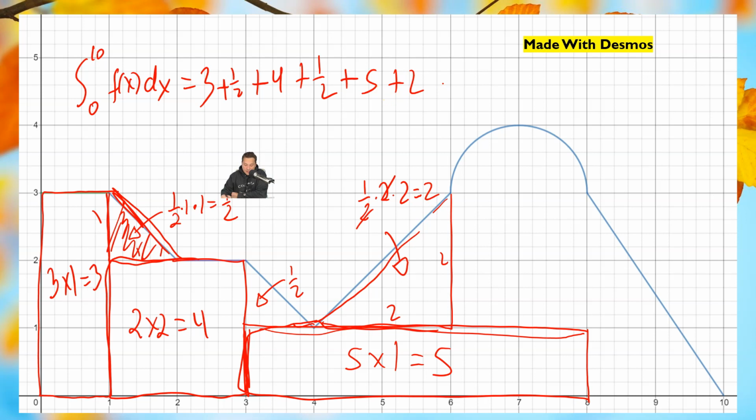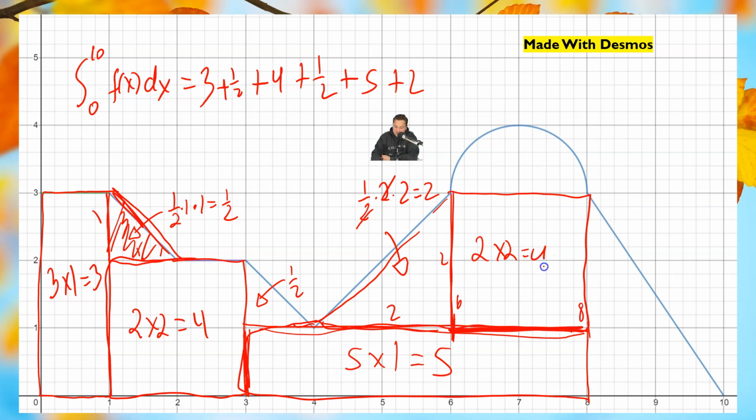Let's continue. Now I might recognize the fact that this here represents a square. That area would be the 2 in the height and the 2 in the base down below, because this here is 6, right? And if this is 8 along the x-axis, 8 minus 6 is 2. So I get 2 by 2, which is 4. So the area for that piece is 4.